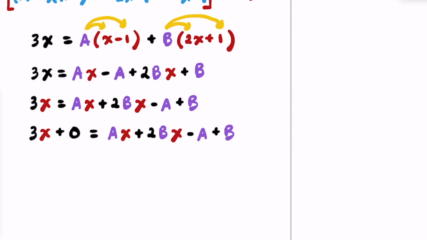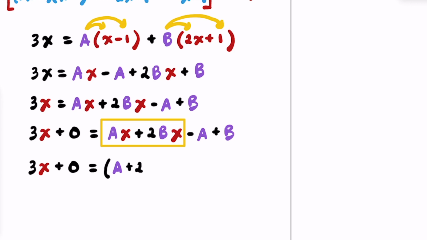So why are we setting it up like this? Well, if we look at these two terms together and factor out their GCF of x, we can keep the left side of the equation, and we can rewrite these two as the quantity of this a plus this 2b. That's going to be in parentheses here, and that's going to be multiplied by x, or the GCF of these two terms. And we won't do anything with this minus a plus b yet.